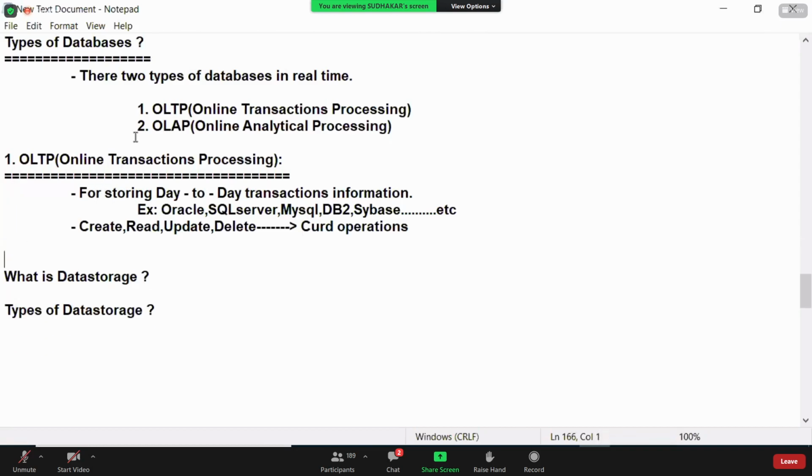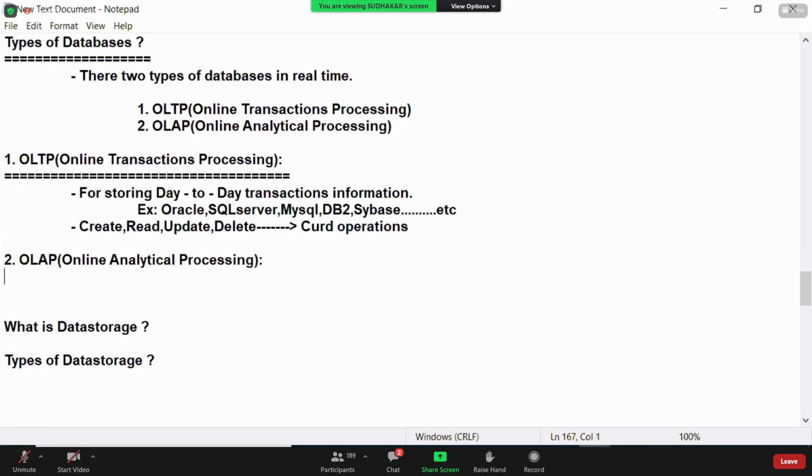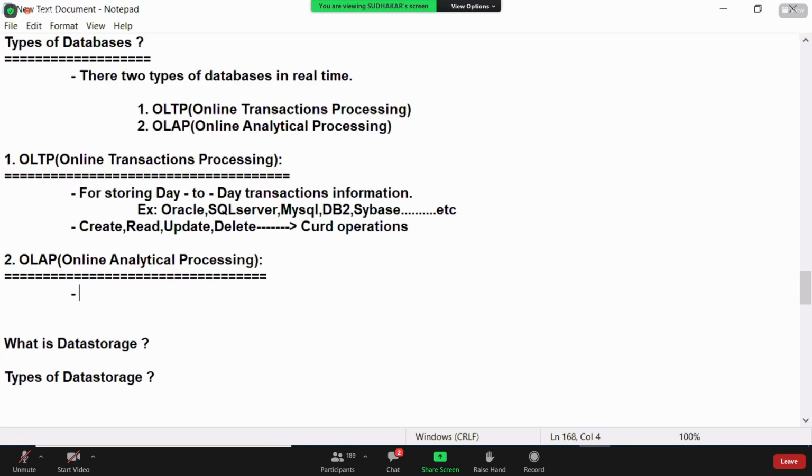And the second one is OLAP. Where do you want to use OLAP databases? These databases are used for analyzing your business data.